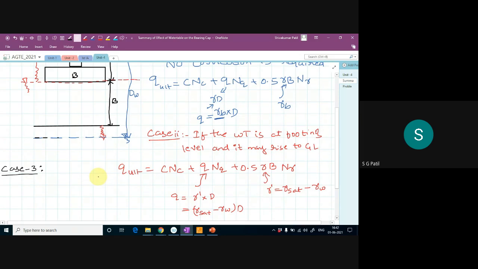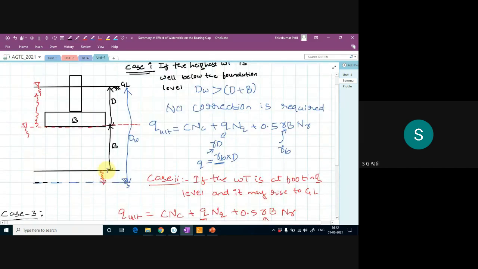In case number 3, what is going to happen? In the monsoon season, the water table is here. Then in summer, this water table will reduce and fluctuate in this depth, from here to here.